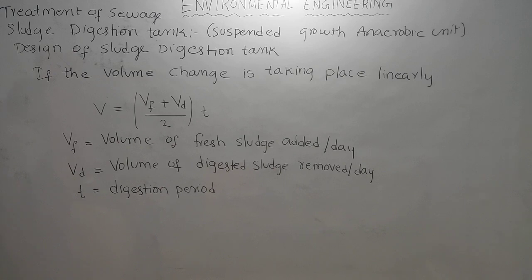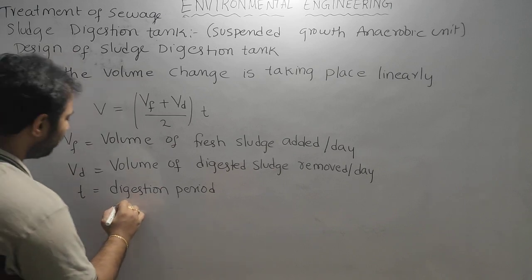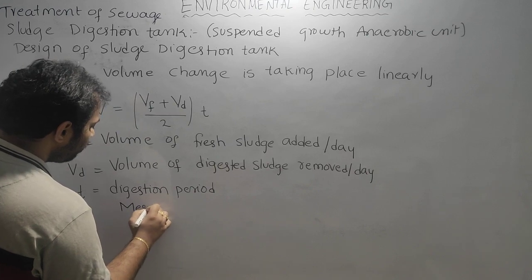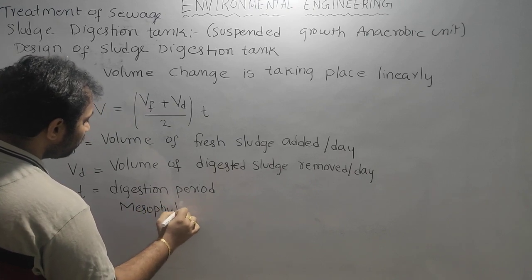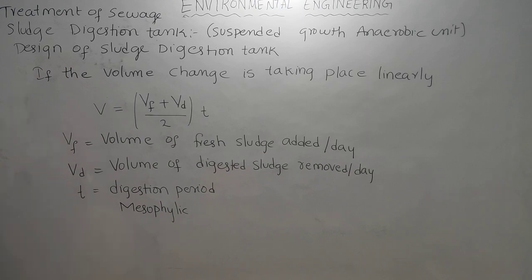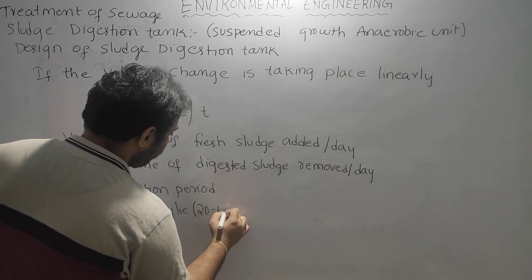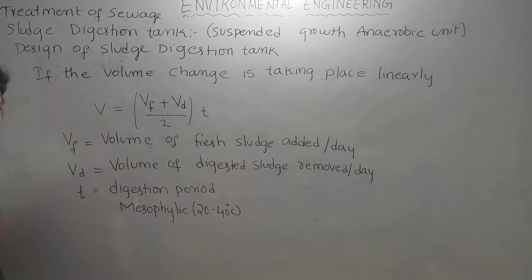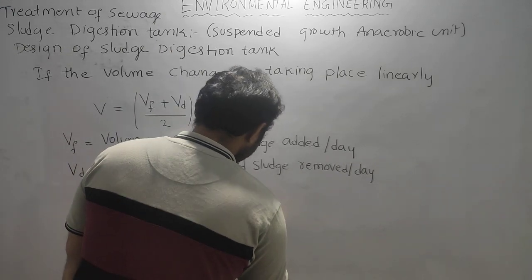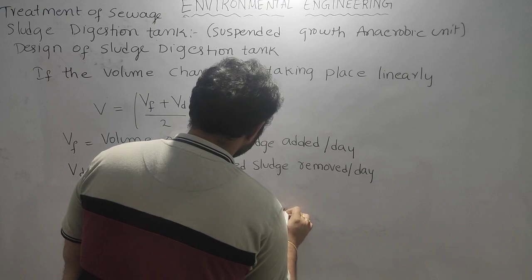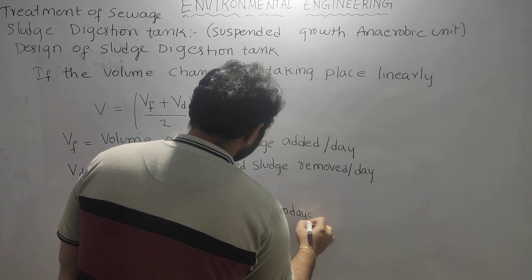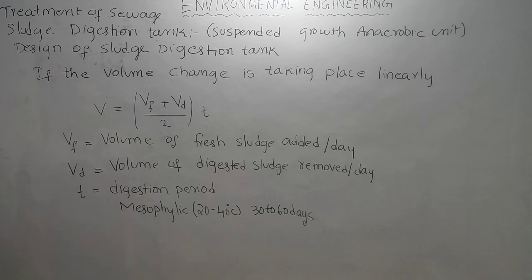Generally, mesophilic microorganisms work in a temperature range of 20 to 40 degrees, and they take a time of 30 to 60 days. The next one is thermophilic.